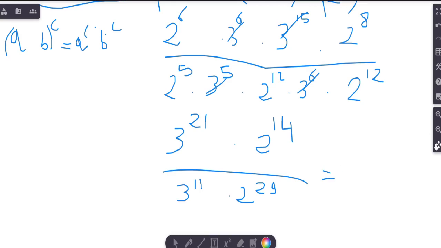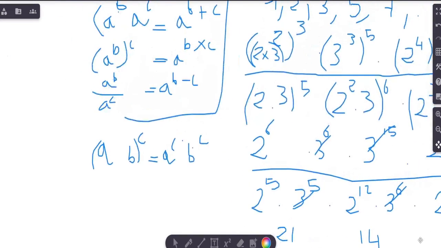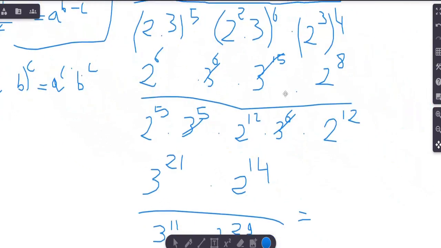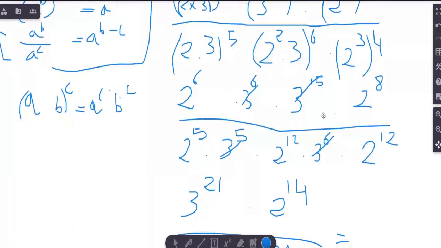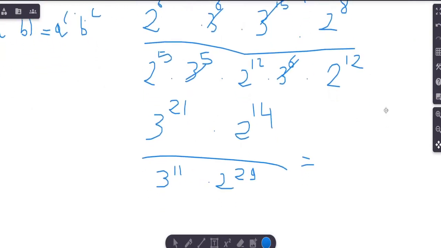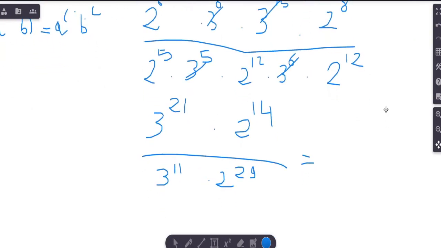And finally, we are going to use this formula here. A to the b divided by a to the c is a to the b minus c. When we have a fraction with the same base, we can subtract the exponents.